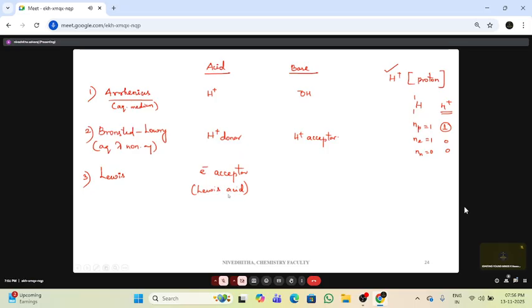If a compound donates its electron, then that is Lewis base. Electron donor is Lewis base. Can you please tell me which are all the species which can act as Lewis acid? Which can act as Lewis acid?